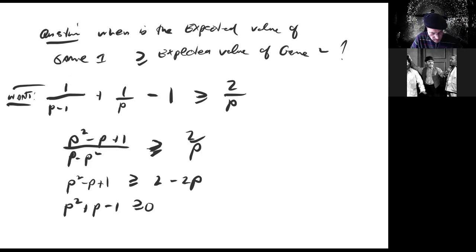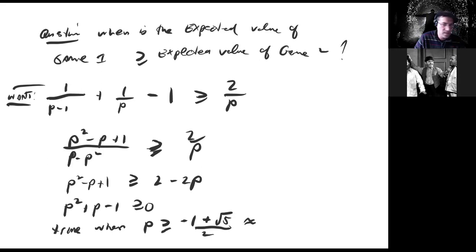Such a quadratic has two roots, and if you do the quadratic formula, you'll see that this is true when p is bigger than or equal to (-1 plus the square root of 5) over 2, which is about 0.6 something.